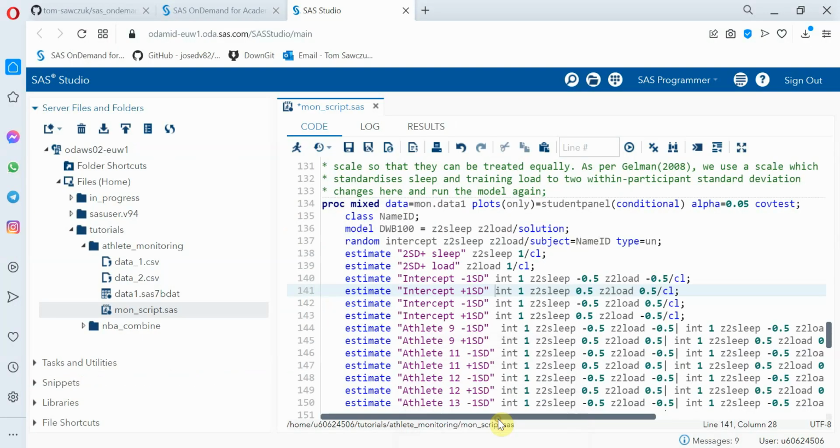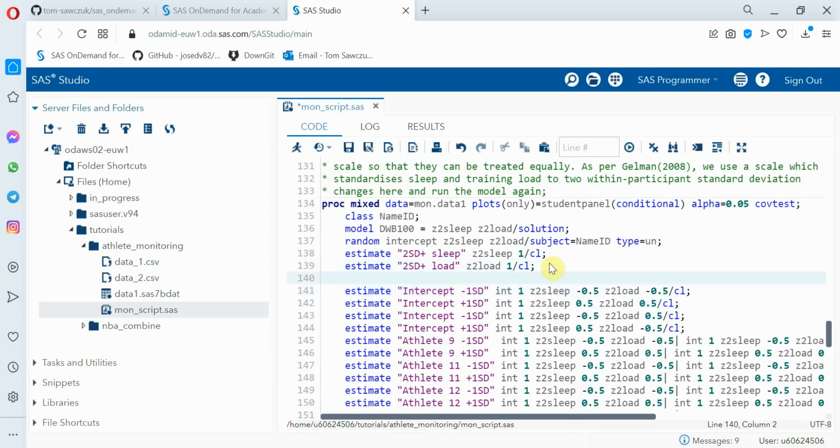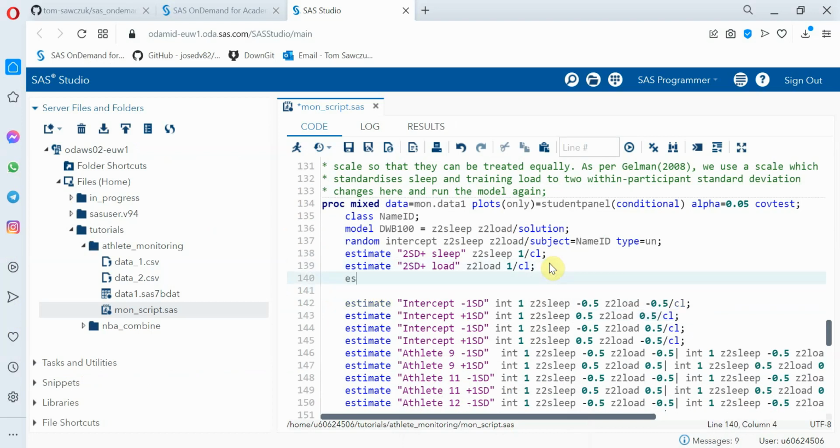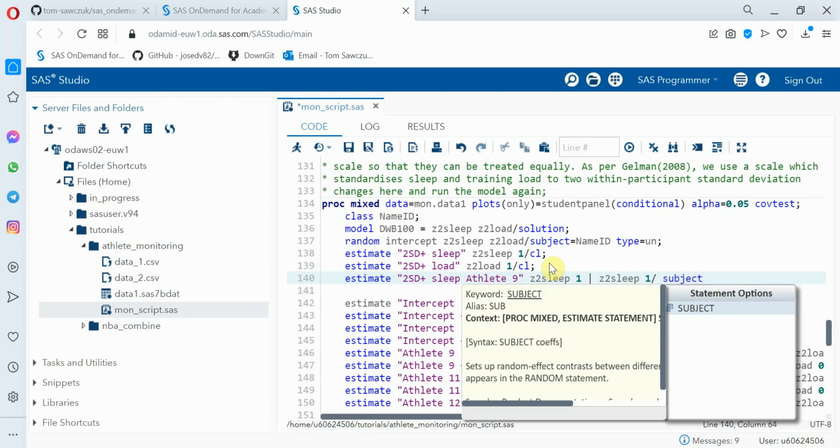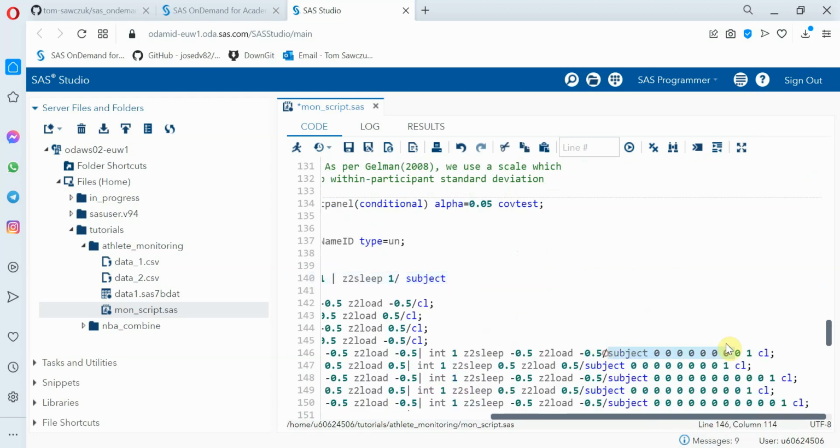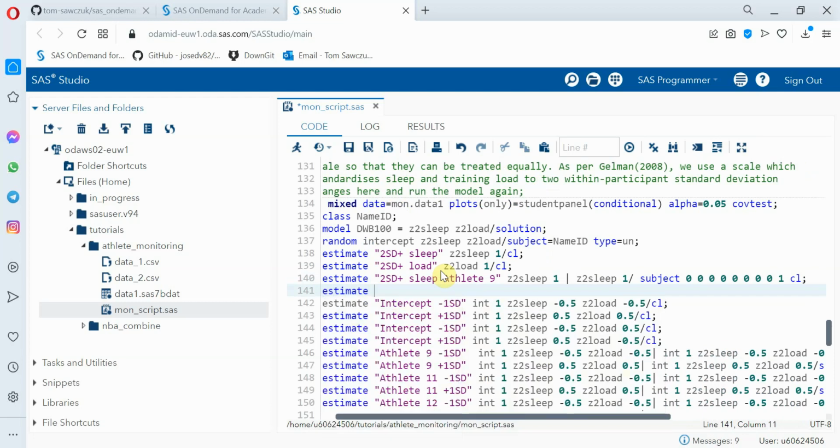And again, if we want to look at the responders or non-responders in terms of a 2SD increase in sleep and a 2SD increase in load, we again use the estimate statement. And like before, we just take a 2SD difference, make sure we include the individual's adjustment for it, and we can do the same for the training load.